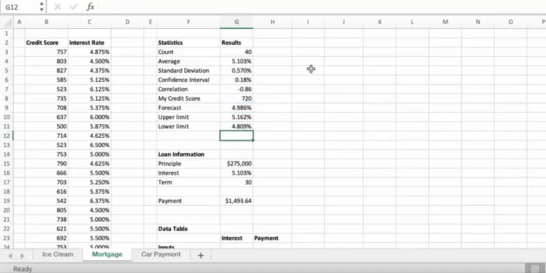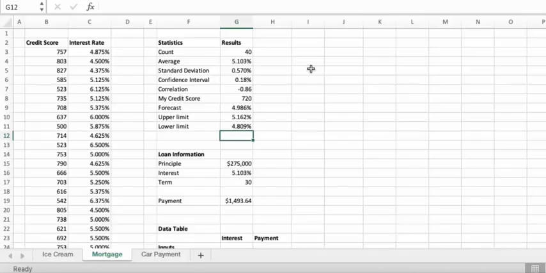Okay, so now I have three interest rate values here that correspond to my particular case. I've got the most likely case, which was calculated as the forecast for my particular credit score. That's almost 5%, 4.986%. My worst case scenario would be 5.162%, and my best case scenario would be 4.809%.